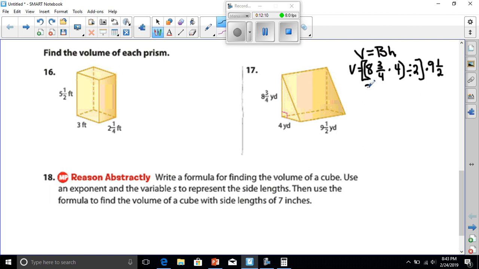So this is really 35 over 4 times 4 over 1. Because remember, every number is really a number over 1. Then I'm going to have to multiply that together and then divide it by 2. And then multiply it by 9.5.